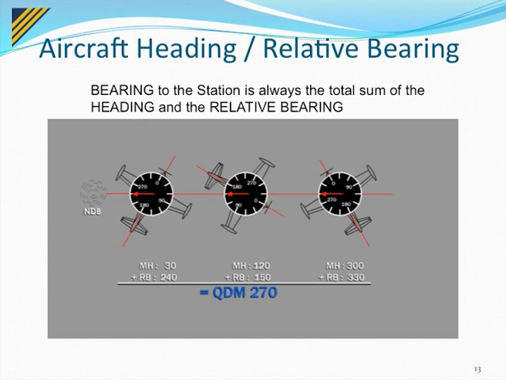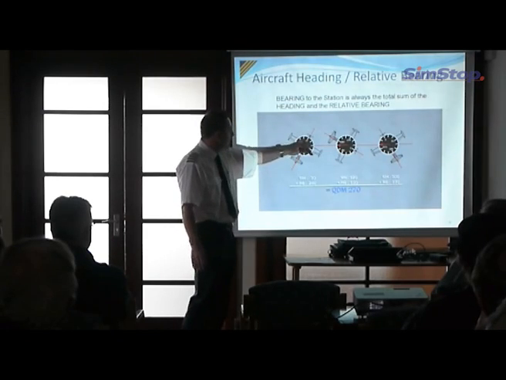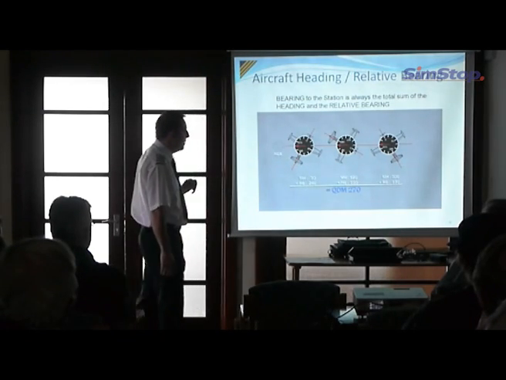The bearing is always the total sum of the heading and the relative bearing. So no matter where you're pointing in terms of heading, given a relative bearing, you could still be on the same line of position in those situations.